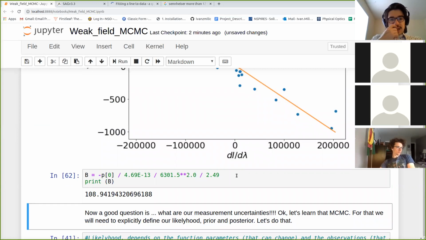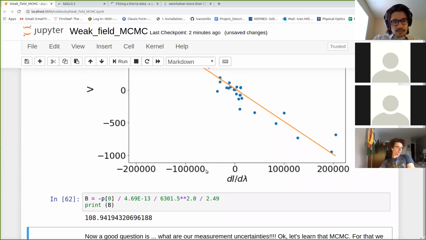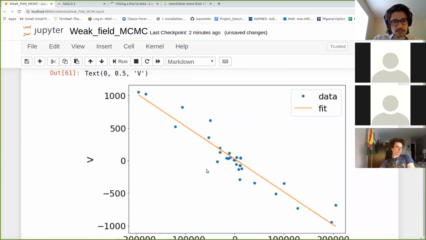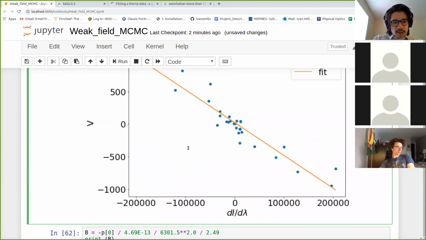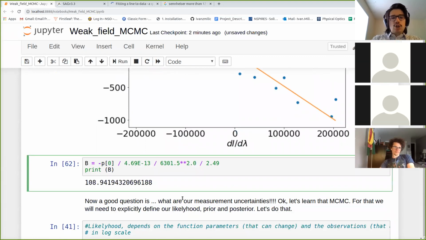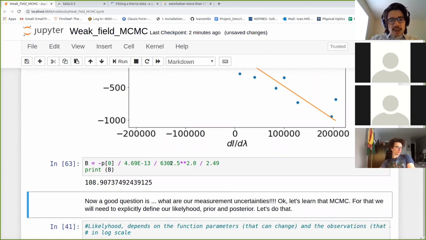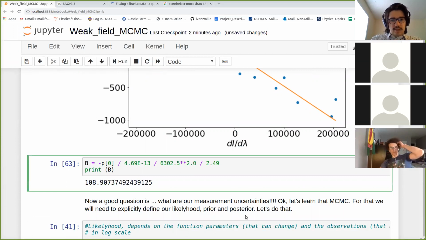Then when we do that, we get only 108 Gauss here. Change also the line. Didn't I? I did. Go down. You divide it by 6301. Okay, but that's not going to influence a lot, right? That's a really small change in the wavelength, because it's almost there.